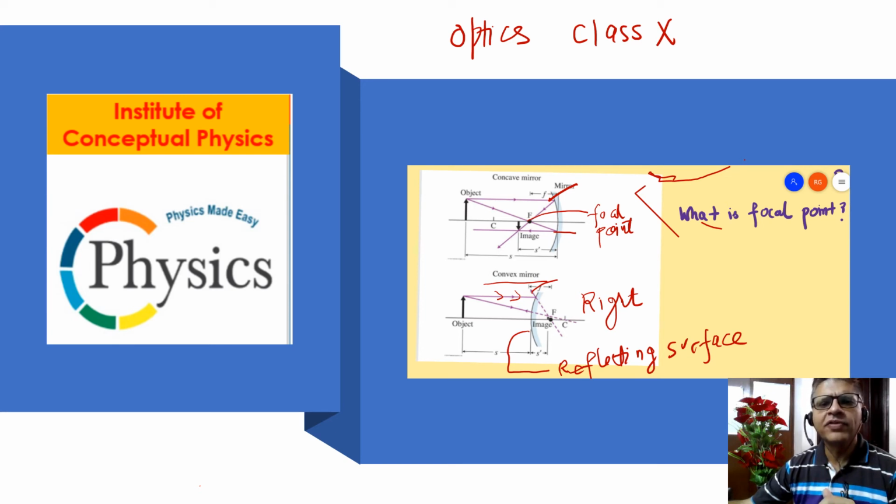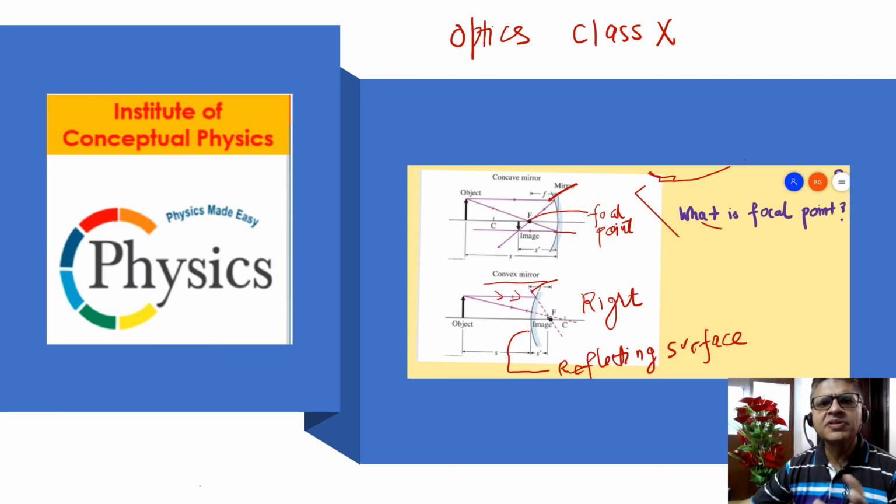But in the case of a convex mirror, they strike, they get reflected, but they appear to come from a single point called the focal point. So the focal point is essentially virtual in the case of a convex mirror, and in the case of a concave mirror, it is a real point where the rays of light actually meet.